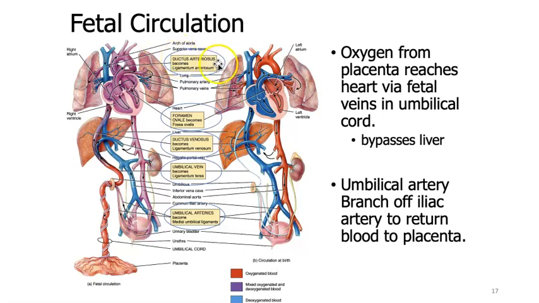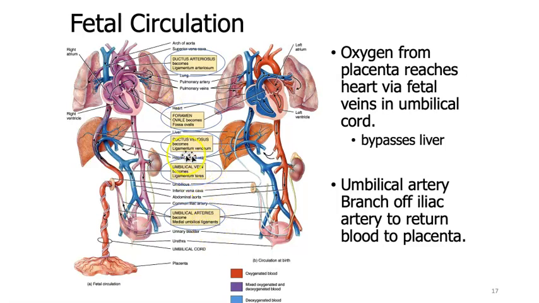This is called the ductus arteriosus. There's actually a duct here that connects the pulmonary trunk to the aorta. So blood can flow straight into that descending aorta. That, again, quickly collapses at birth and becomes something called the ligamentum arteriosum. So again, yet another way to bypass the lungs.